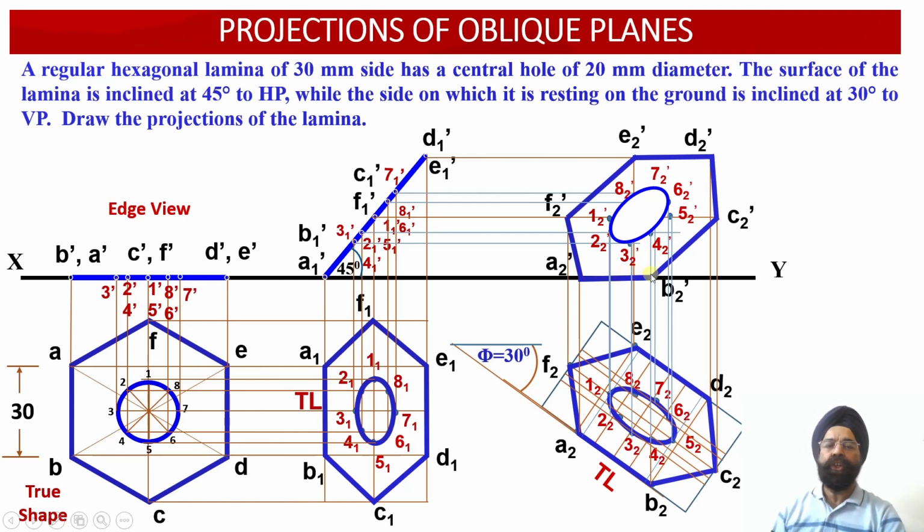Now, using the basic fundamentals of the projections of planes, we have been able to evaluate the orthographic front view and top view projections of an oblique regular hexagonal lamina carrying a central hole, and this lamina is inclined with respect to the horizontal plane at an angle of 45 degrees, and with respect to the vertical plane at an angle of 30 degrees.